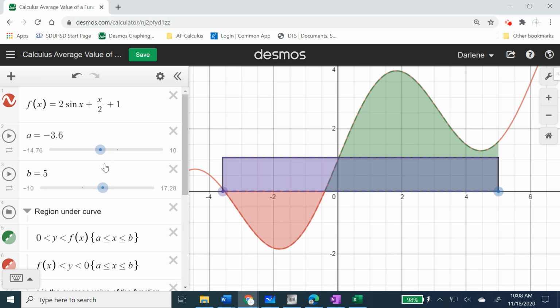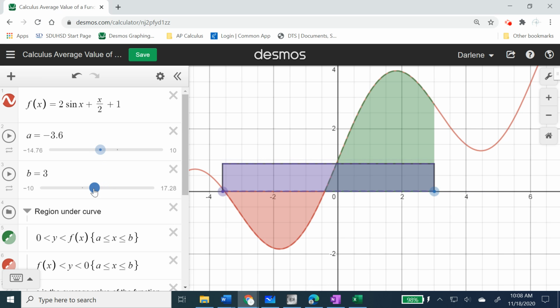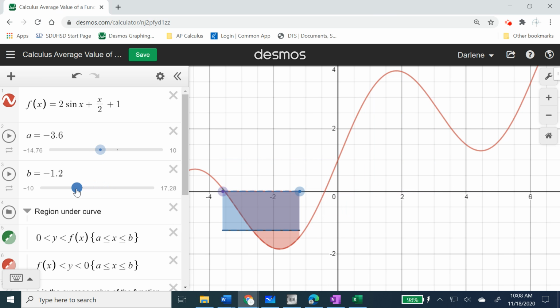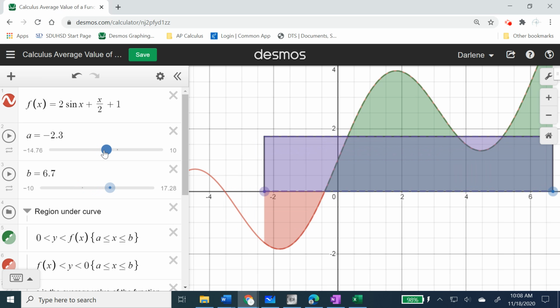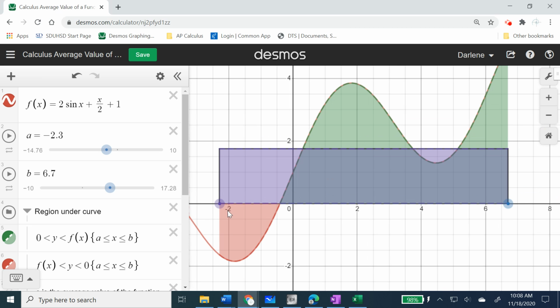So you may find this fun to play with, and I will try to remember to put a link for this for you to play with. But it allows you to really see that meaning of average value. That's the purple rectangle. I mean the y coordinate of the purple rectangle.